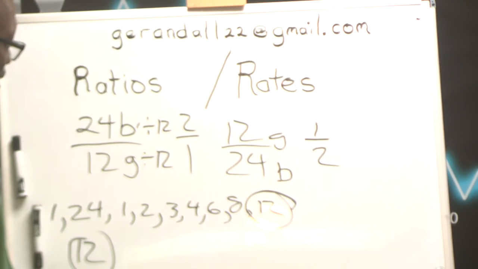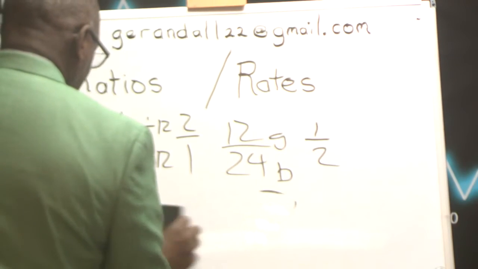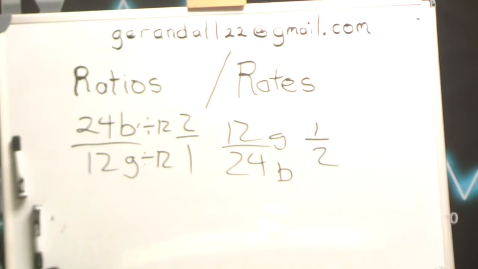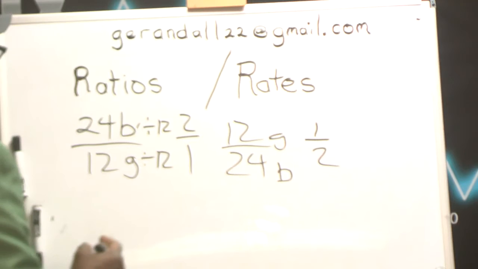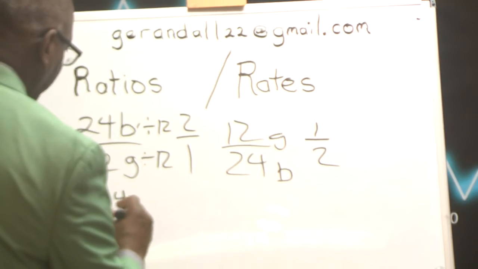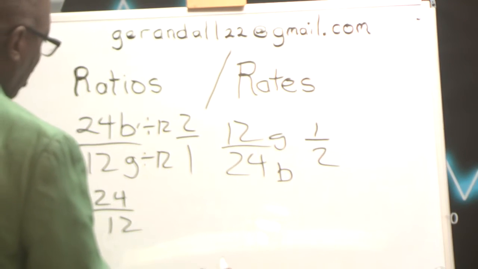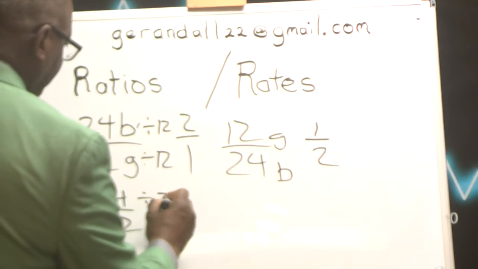In your classroom, your teacher may ask you to show this comparison several different ways. Again, we look at those factors. You've got 24 over 12. Let's use the factor 3.